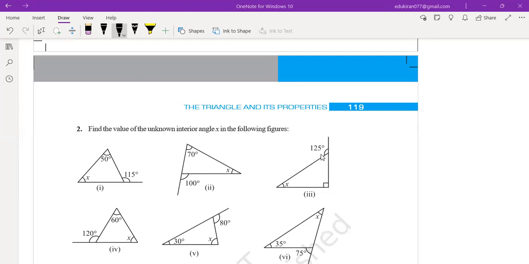Yeah, it can be 125. This is 90 degree. You have to find the x.